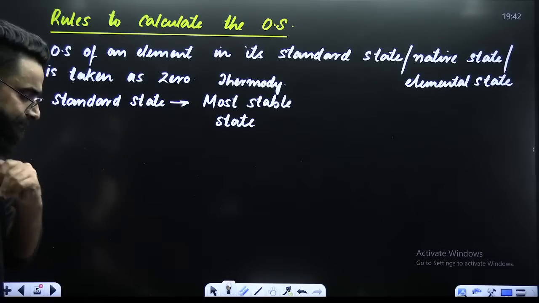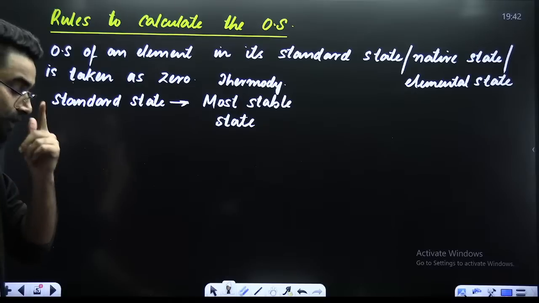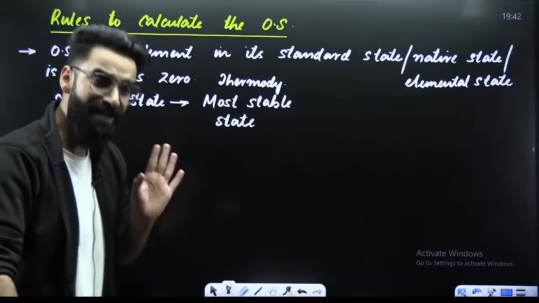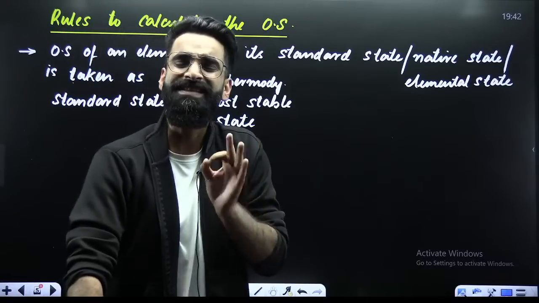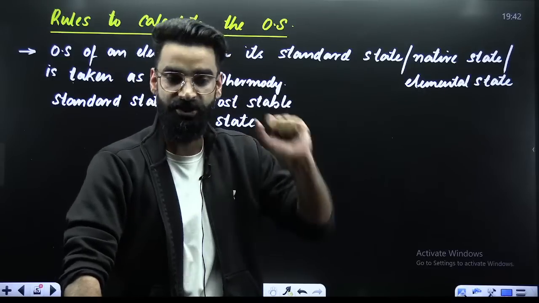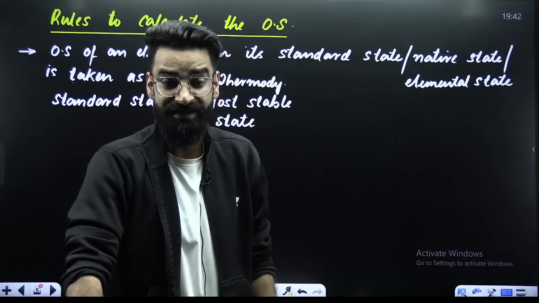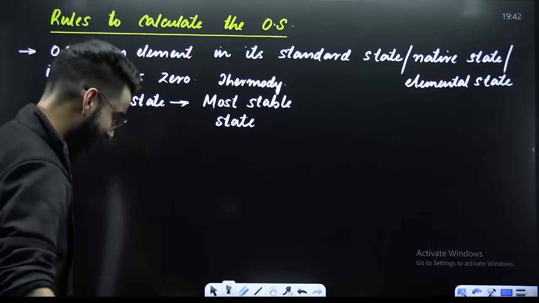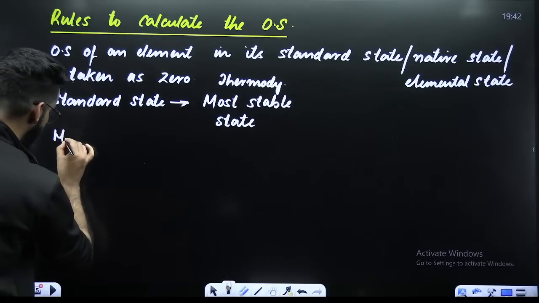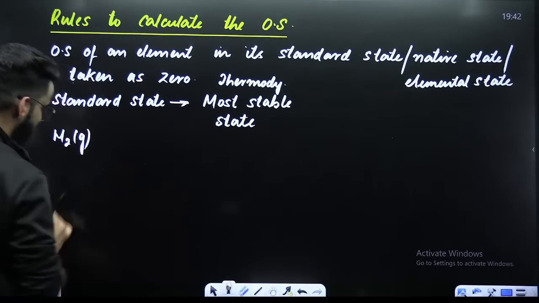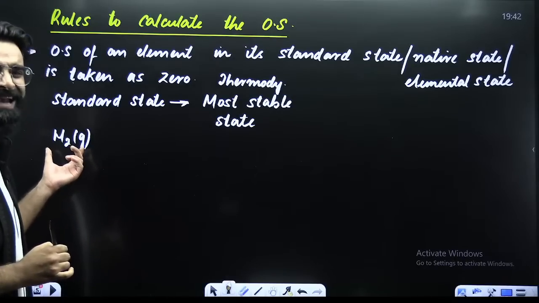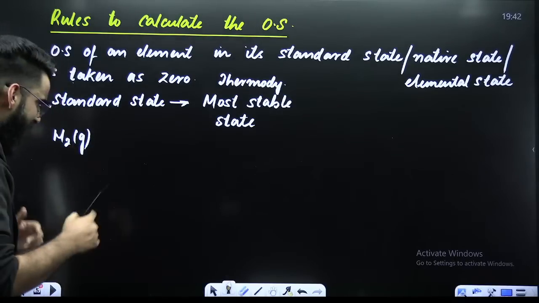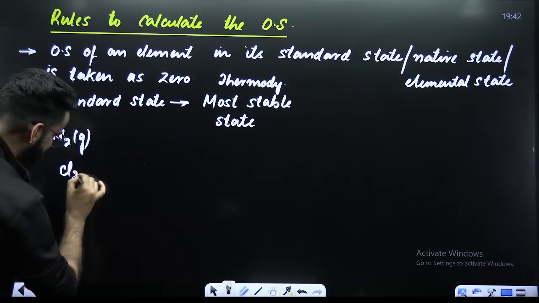Now, my dear students, let's have a look upon certain things. If I ask you, in which state hydrogen exists in nature? In nature, hydrogen exists in the form of H2 gas. So this is something I'll be calling as the standard state of hydrogen. In which state chlorine exists in nature?